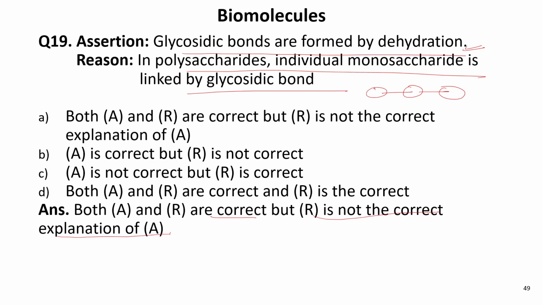This is also correct. But how they are formed by the removal of a water molecule, it doesn't explain that. So both A and R are correct, but R is not the correct explanation of A.